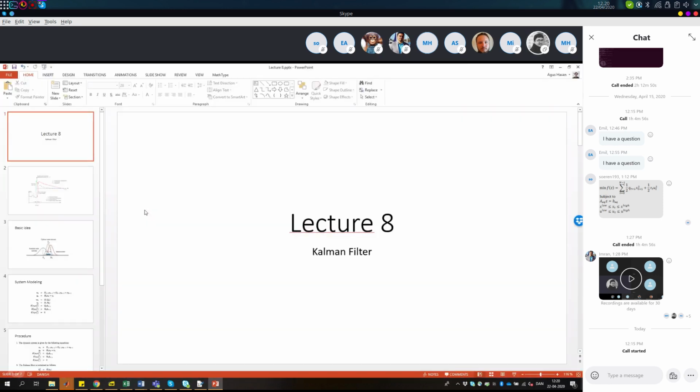So what I'm going to do now is just to give you some idea on how to implement the Kalman filter, which is very useful, and you can implement this method in many software, MATLAB, Python, C++, and Kalman filter itself is very popular.